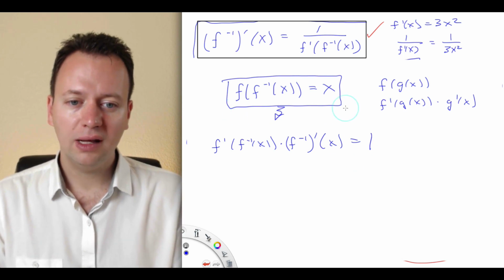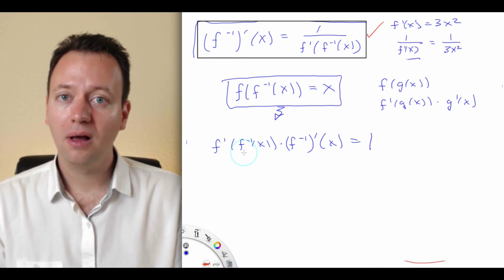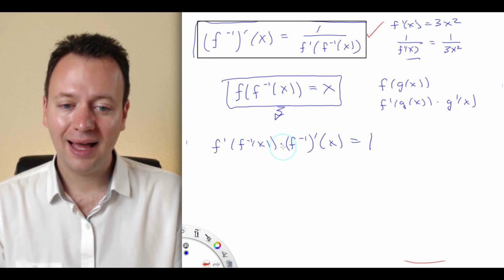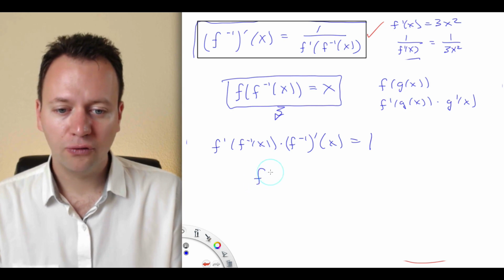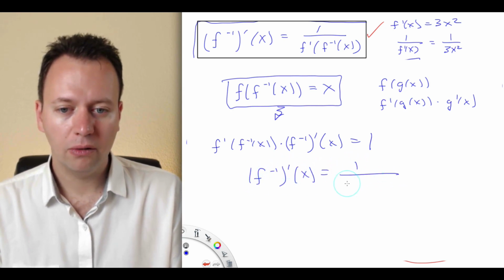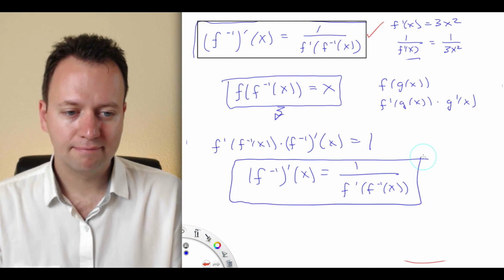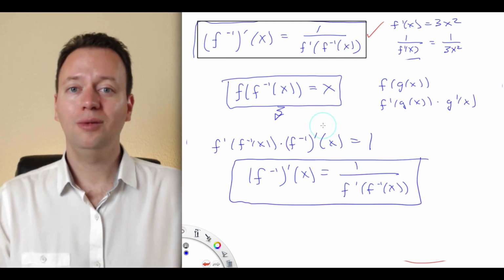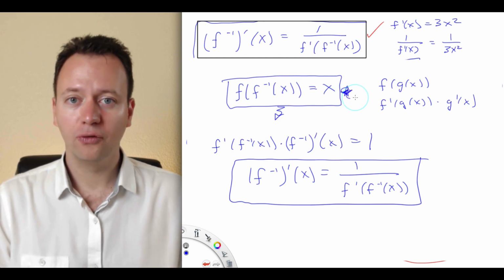So I differentiated this equation with respect to x, and I obtained f prime of f inverse of x times f inverse prime of x is equal to 1. So therefore, f inverse prime of x will equal 1 over f prime of f inverse of x. And there's the formula again. So literally this formula can be obtained by simply differentiating this defining formula for an inverse function.